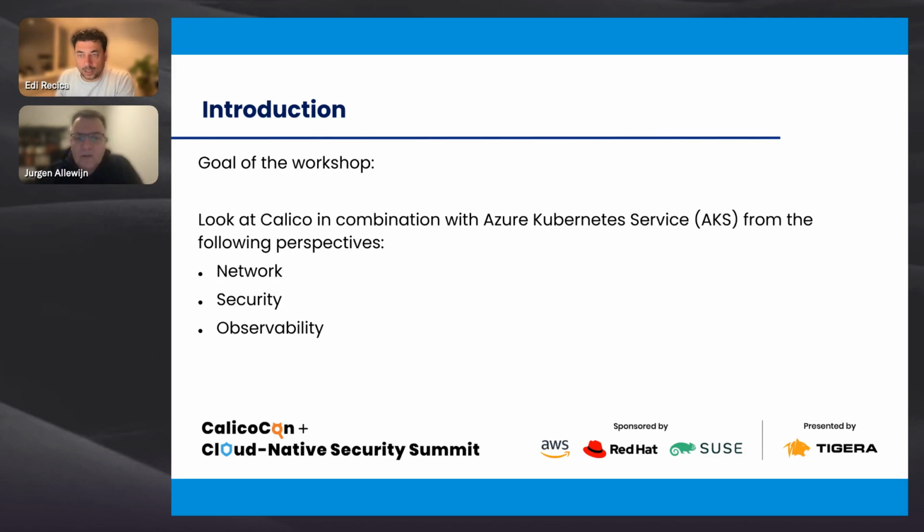If you install Azure Kubernetes Service default, you get the Azure CNI with it, but we're going to install Calico as the CNI, which is possible because of the extension within Azure, which makes it possible to bring your own CNI. And we will look at the 3 perspectives: network, security, and observability.